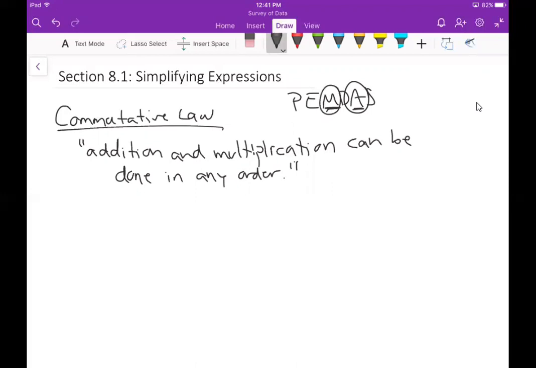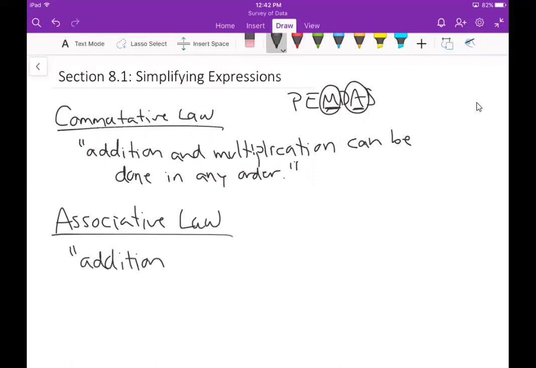We're going to use that law today and also the associative law, which I'm spelling wrong, so let me make sure I spell that right. Okay, associative law. This again applies to just addition and multiplication, and you can do this with multiplication separately.